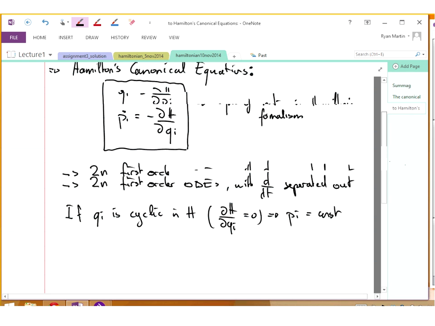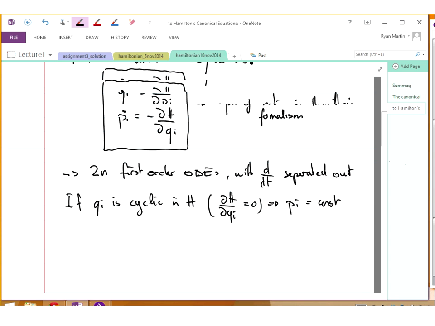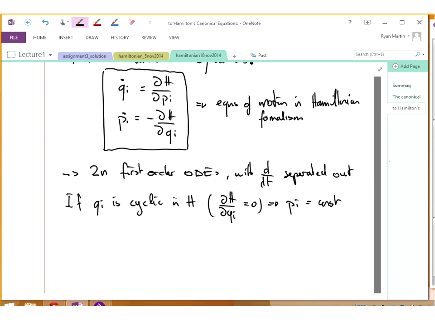Now, when you have a real problem, when you try to solve it, you might end up with a second order equation when you carry out the math and you plug p_i dot back into q_i dot. But we'll see examples of that.